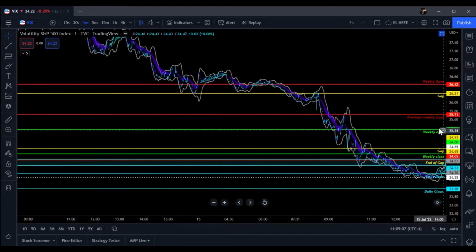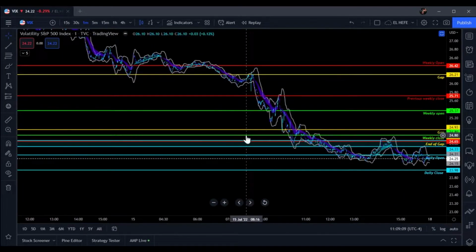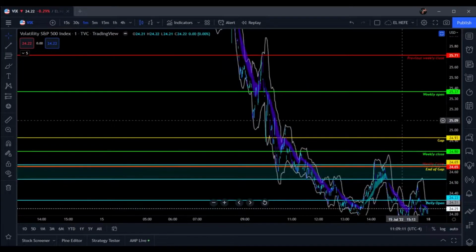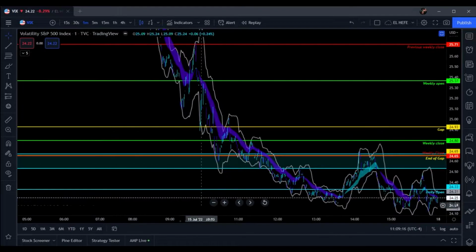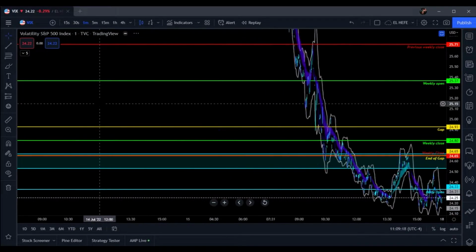What in the? Did my levels move? Why in the hell are my levels moved?